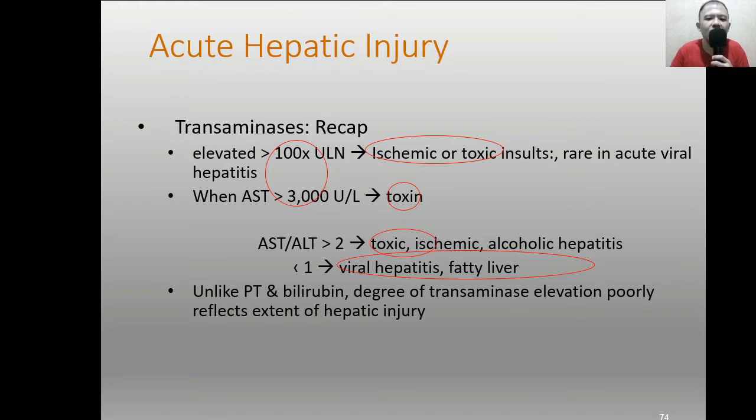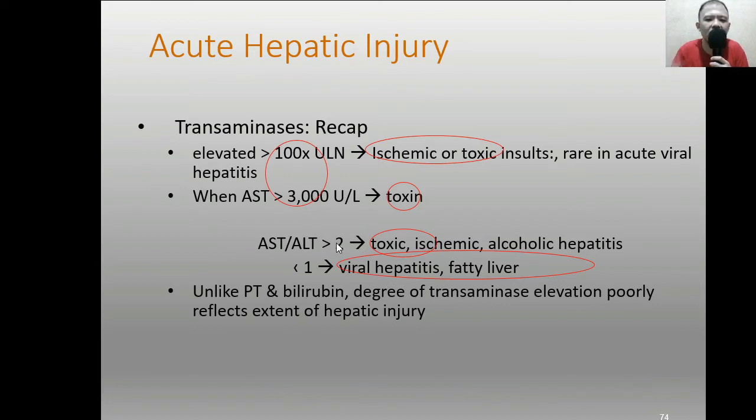So here we mentioned this one. In the slides, many slides before, we mentioned that if it's alcoholic hepatitis, then the AST over ALT is greater than 1. But according to this slide, to this source, I use a different source for this, it's more than 2.